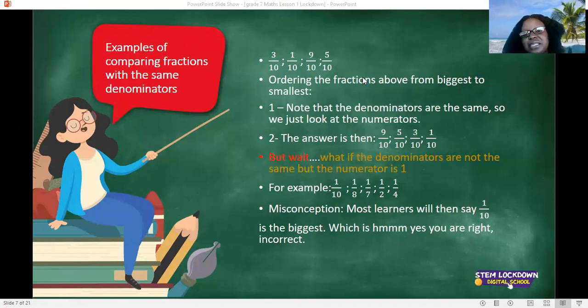Now most of the learners, which is a misconception, can say that the biggest fraction is 1/10, which is incorrect. So we don't look at the denominators if we are given different denominators. Let's look at this.